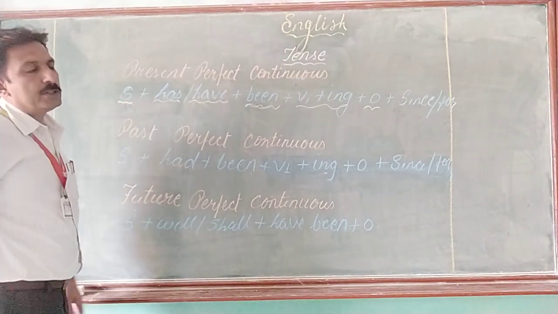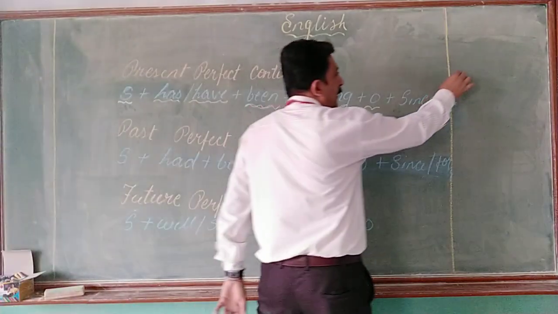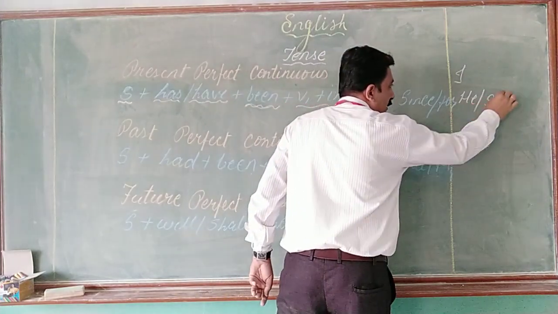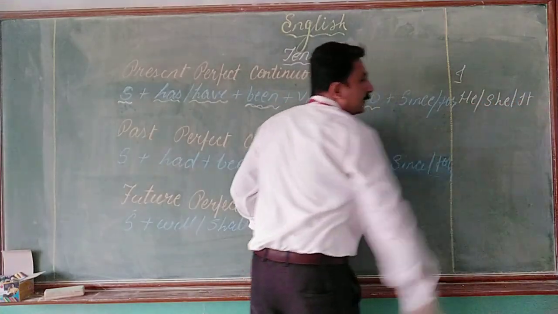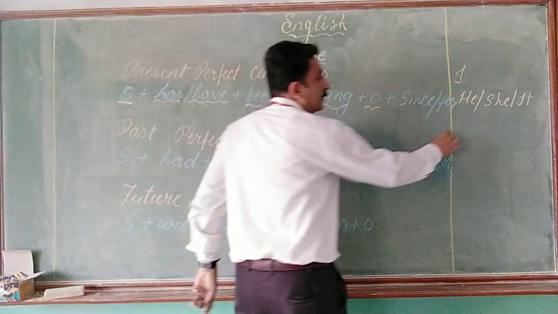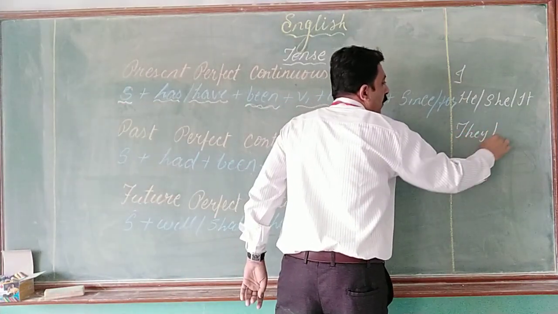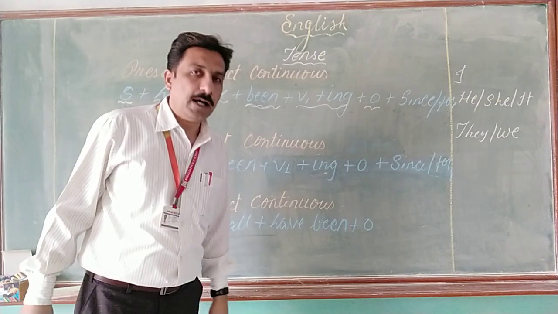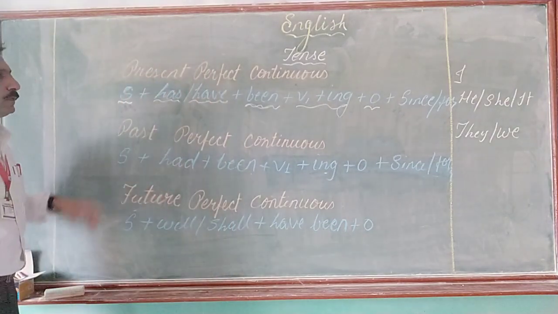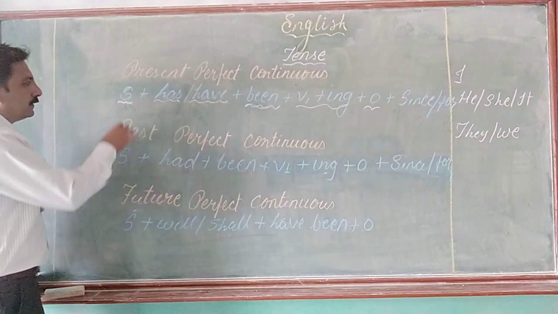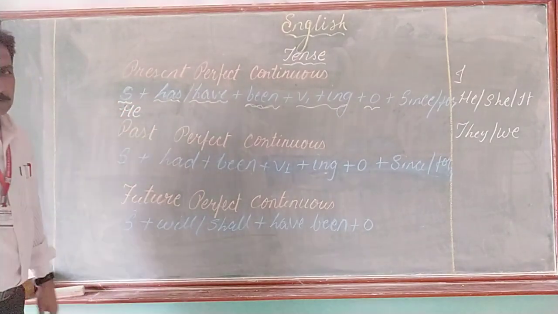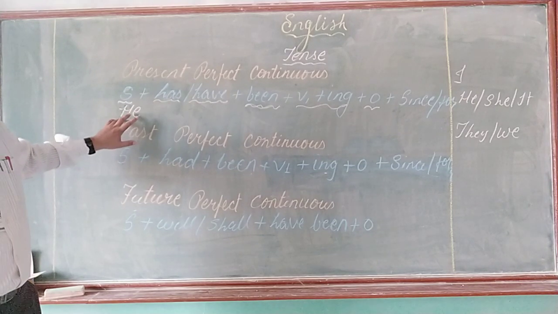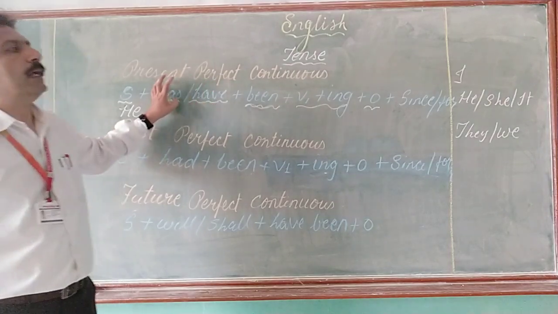Now here in place of subject, as you already know, we have subject I, we have subject he or she or it. The same way we have subject they or we, means it is a singular form or plural form or particularly I. Now if I choose one subject out of these, he. Now he is a singular form. For this singular form we choose the singular form of helping verb.